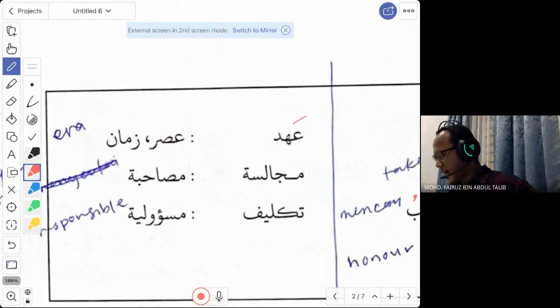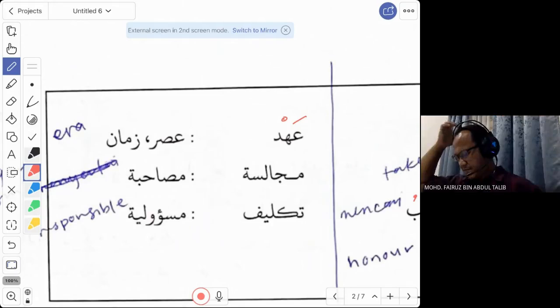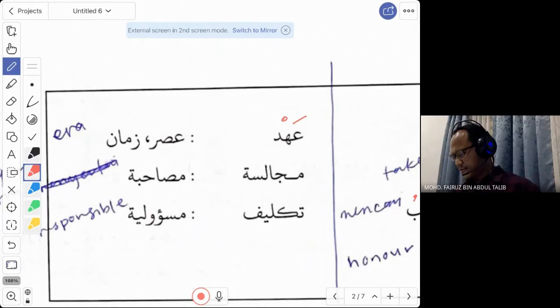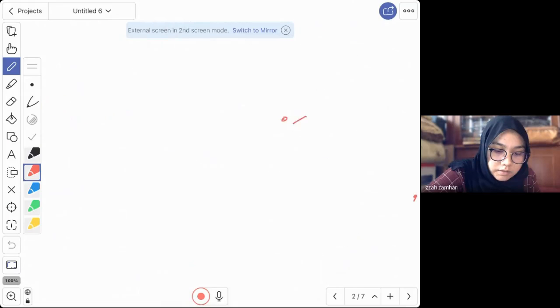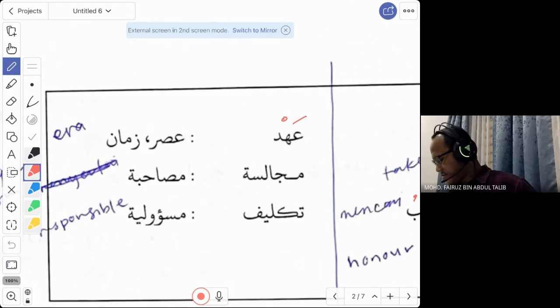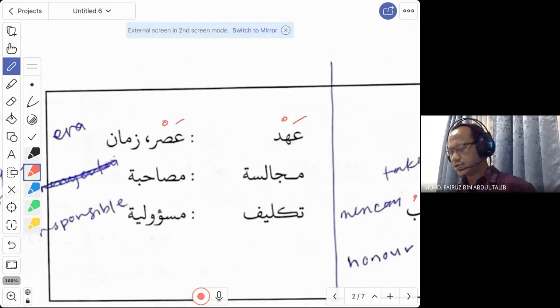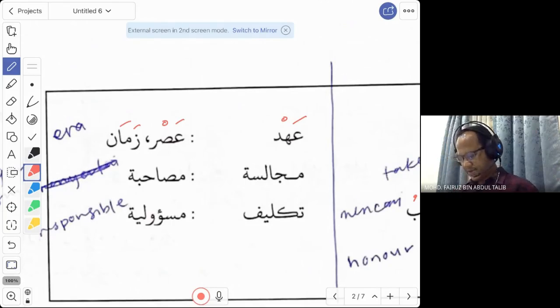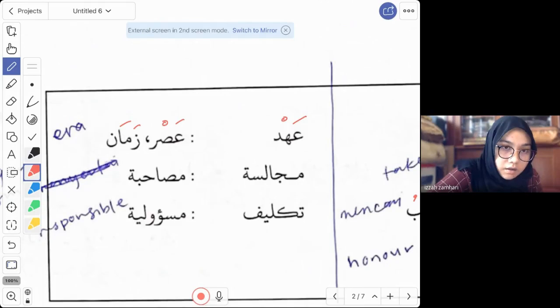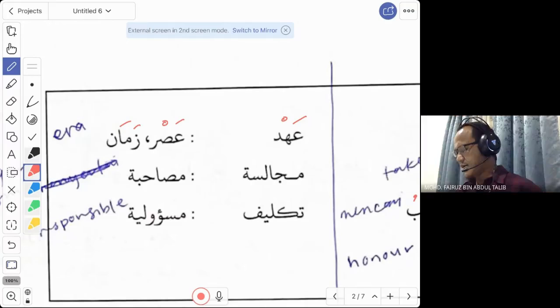Ahdun. Naam. It's the same meaning as asrun, or zaman. Zaman. Naam. So, ma makna ahdun? Ahdun means era or age. Is it correct? Age. Era.